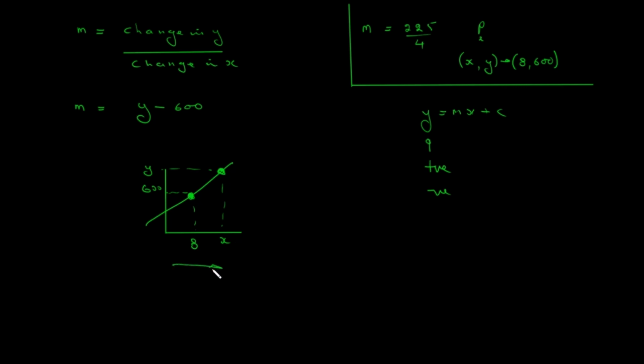We always read it that way. That is the greatest, that is the least. So we subtract the least from the greatest, or the first from the last. So we have y minus the 600, over x minus the 8.